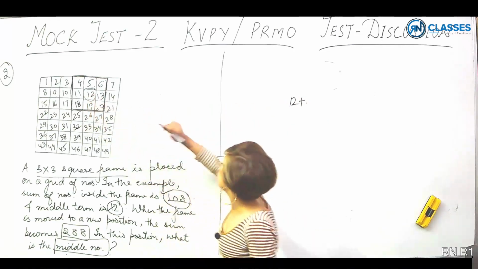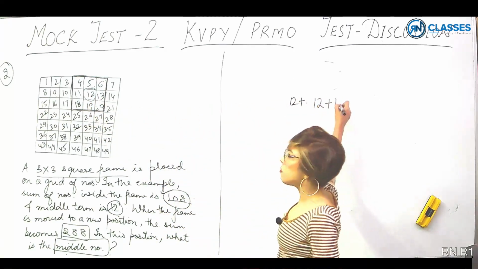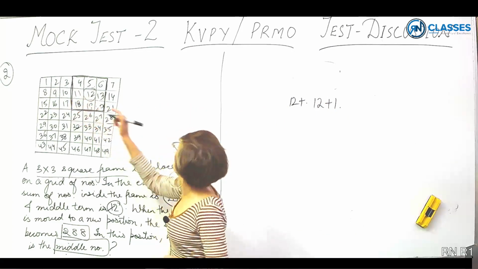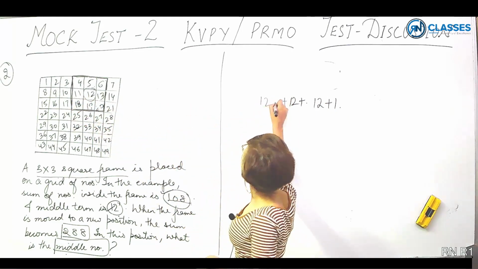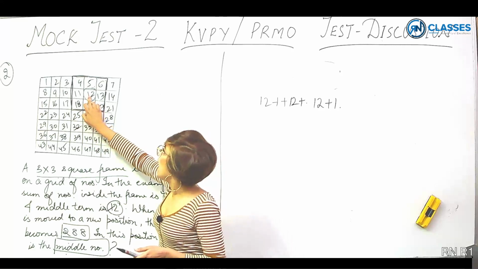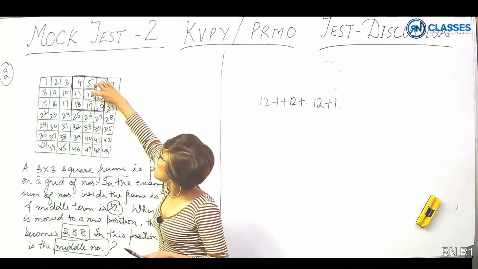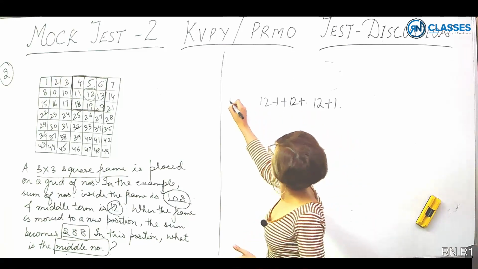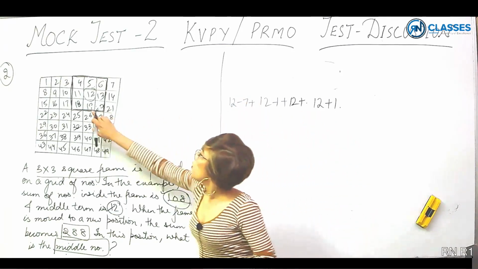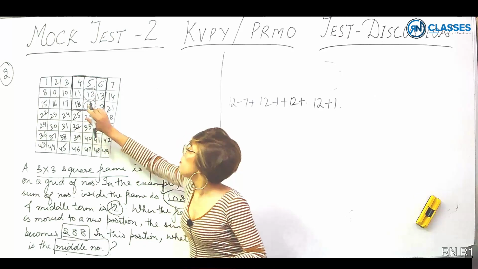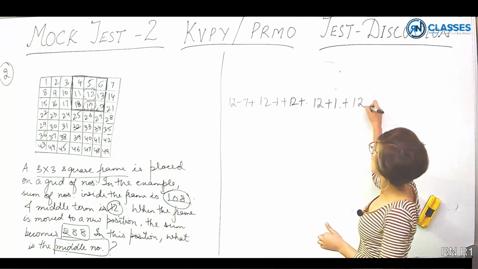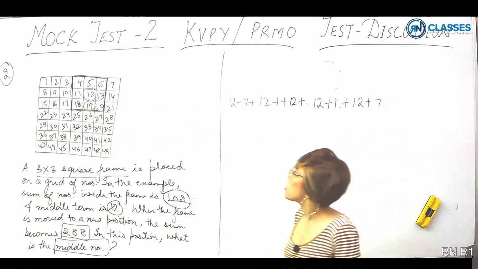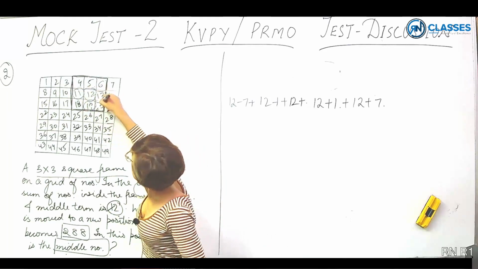Now, this number is nothing but 12 plus 1, right, 13. And this is obviously 12 minus 1. Right? Okay. And if I go back to this number, this is nothing but 12 minus 7. So let me write it here. 12 minus 7. And if I'm talking about this number, that is 19, 12 plus 7. Right? So I'm done with these.